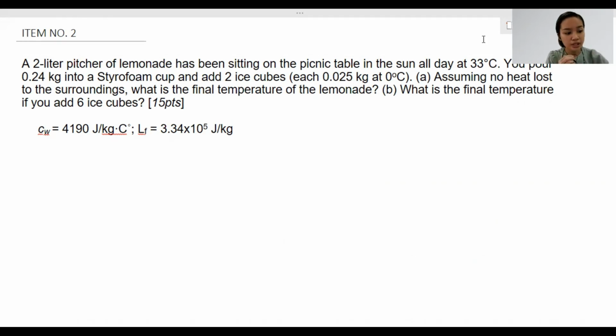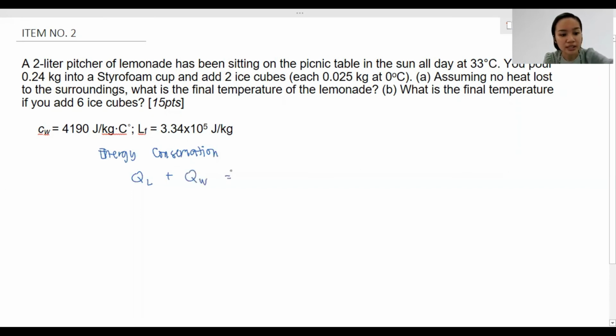Okay, now for this problem, what we're going to do is the same. We will still use our conservation of energy na relationship, where heat loss is equivalent to our heat gain, or the heat of our lemonade plus the heat of ice.